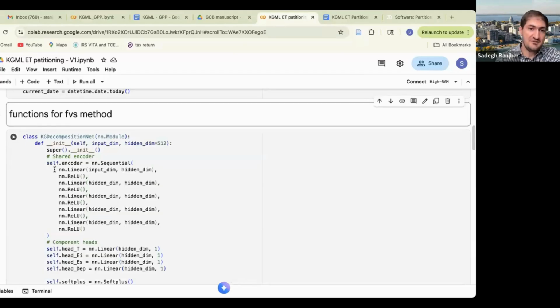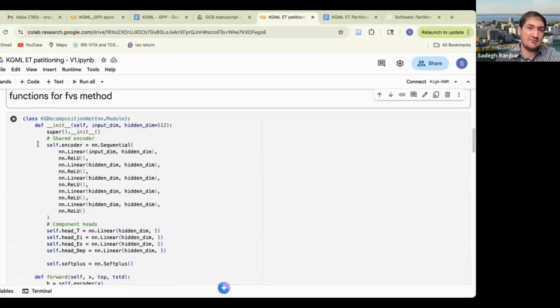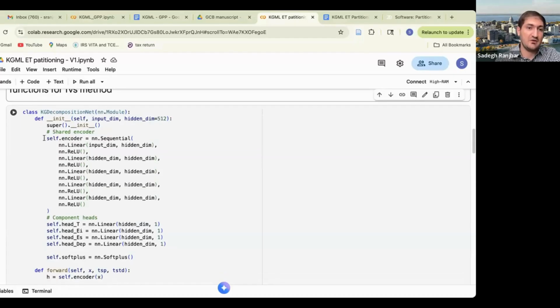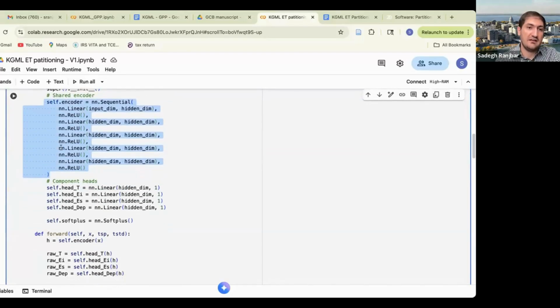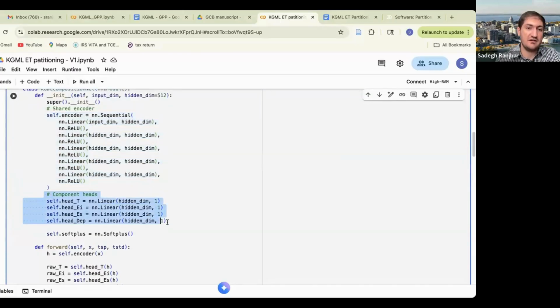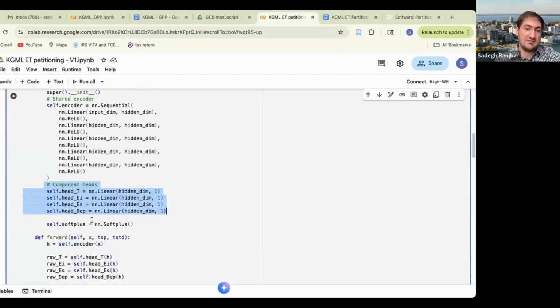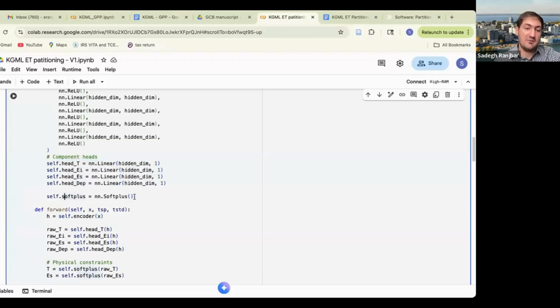Okay, for the functions here, as I showed in the presentation too, we have an encoder from the beginning of our coding. Then after the encoder, we have the decoder. Here we wanted to estimate transpiration, intercepted evaporation, surface evaporation, and deposition. And we also have one feature, softplus, a function that works to make all the fluxes positive.